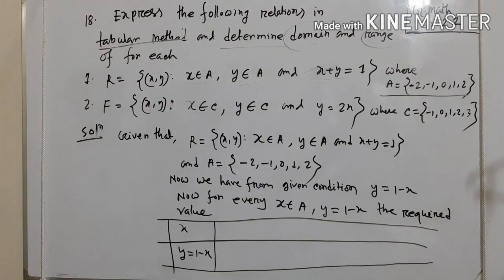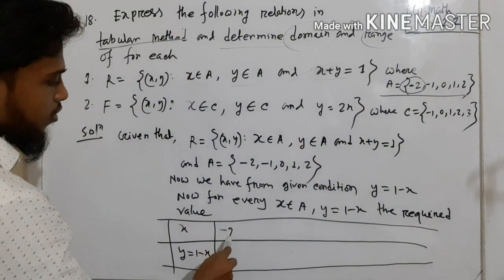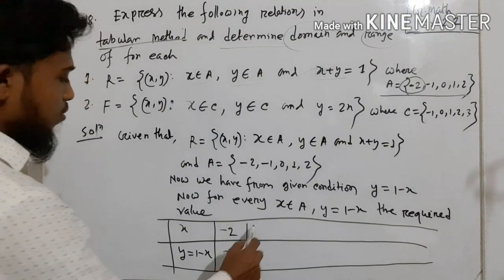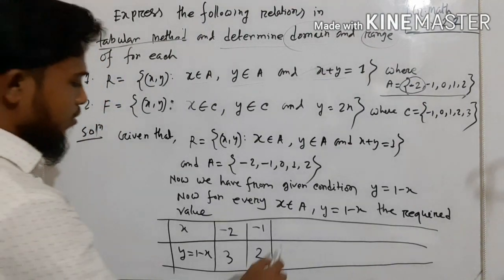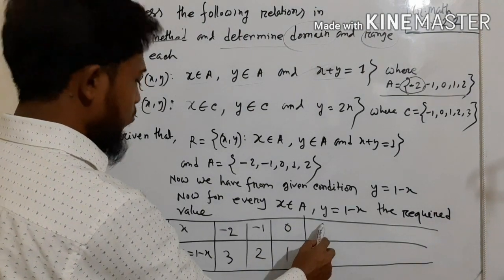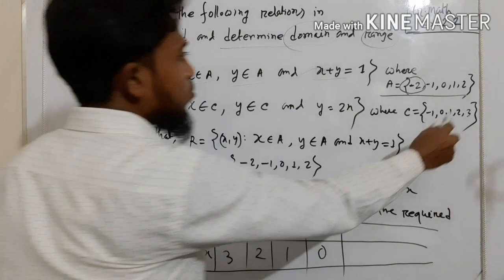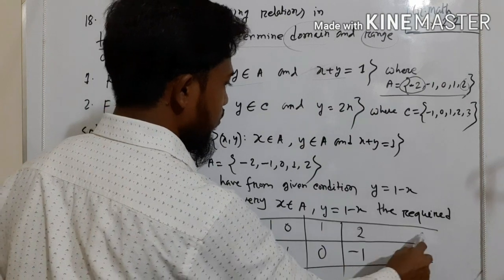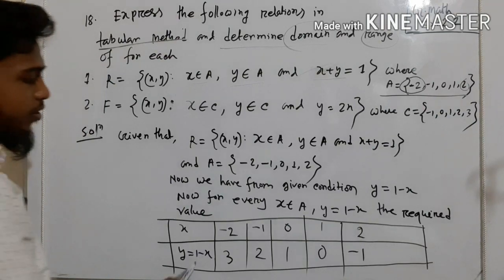If x equal to minus 2, then y equal to 3; x equal to minus 1, then y equal to 2; x equal to 0, y equal to 1; x equal to 1, y equal to 0; and x equal to 2, y equal to minus 1. This is our value from our given condition.